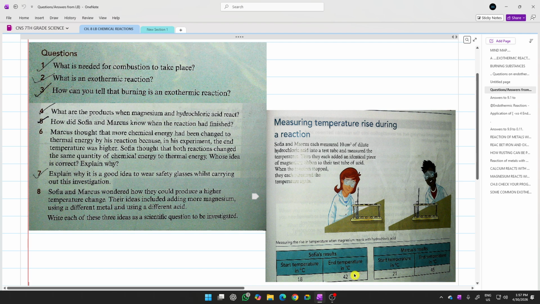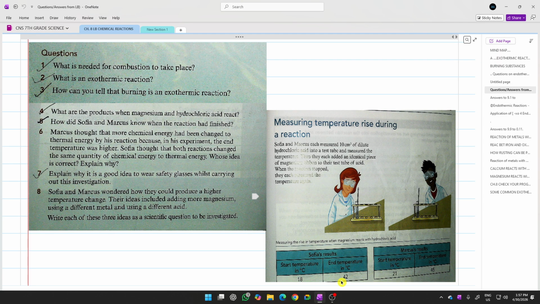In the case of Sophia, when she performed the experiment, her final temperature was 42 degrees centigrade. So on the basis of this, what Marcus was thinking is, because in his case the final temperature is 45 degrees centigrade, and in Sophia's case the final temperature is 42 degrees centigrade, which is slightly less.